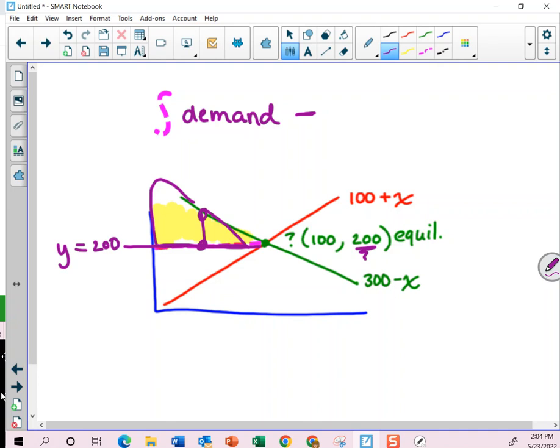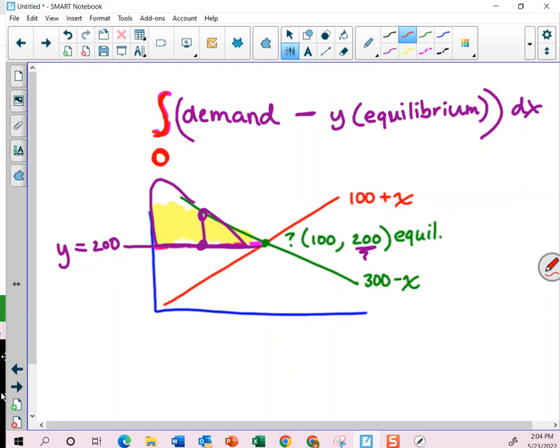That's the y from the equilibrium point. That's the setup. And you're always going to integrate from 0 to, in this case, 100, the x value from the equilibrium point.